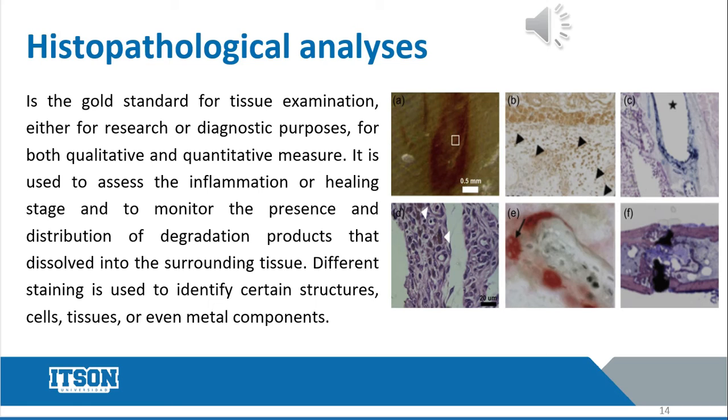It's used to assess the inflammation or healing stage and to monitor the presence and distribution of degradation products that dissolve into the surrounding tissue. Different staining is used to identify certain structures, cells, tissues, or even metal components.